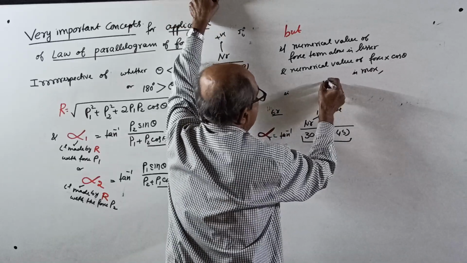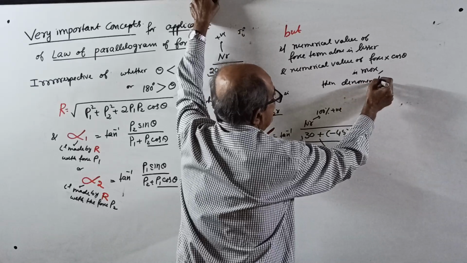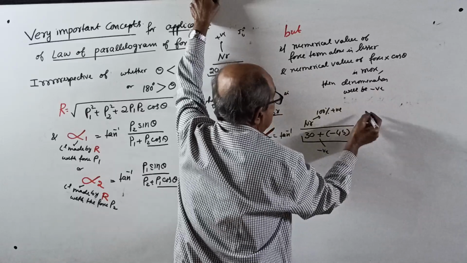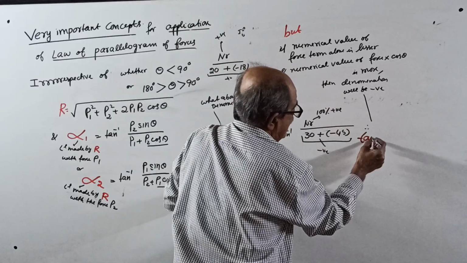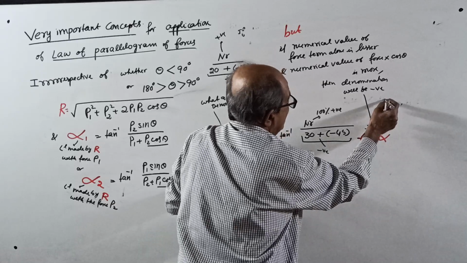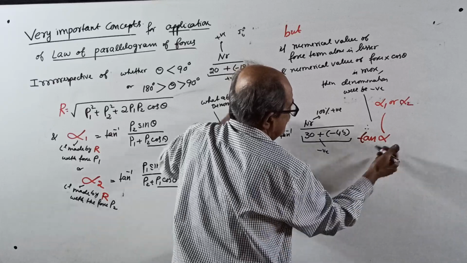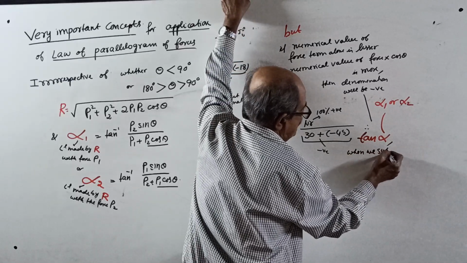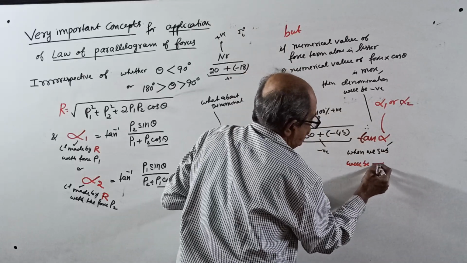More. Then the denominator will be negative. Therefore, tan alpha, either alpha 1 or alpha 2, when we substitute, will be negative.